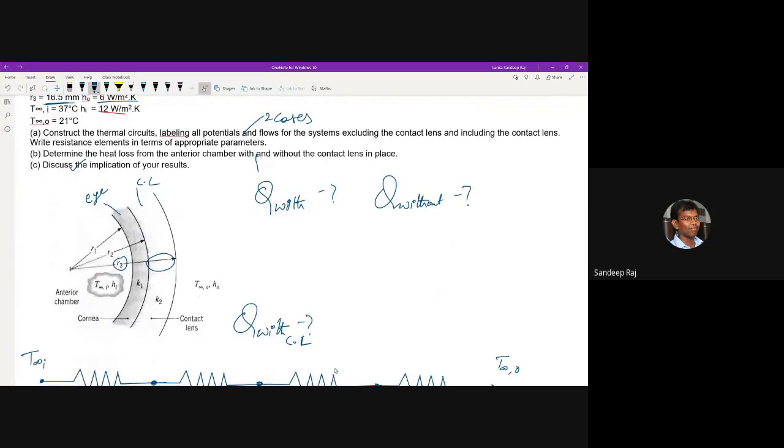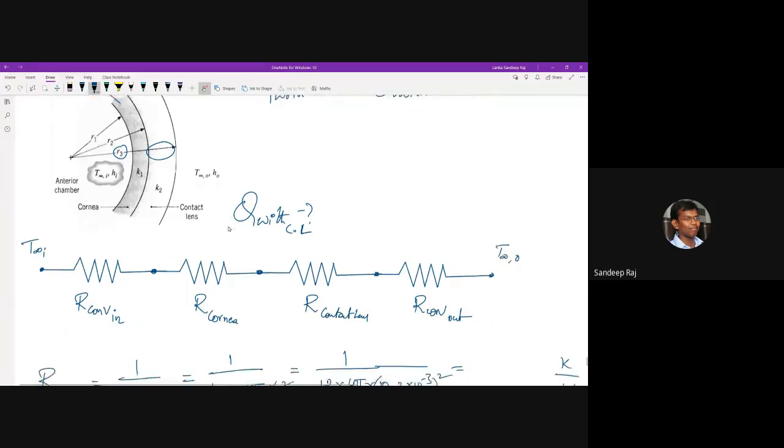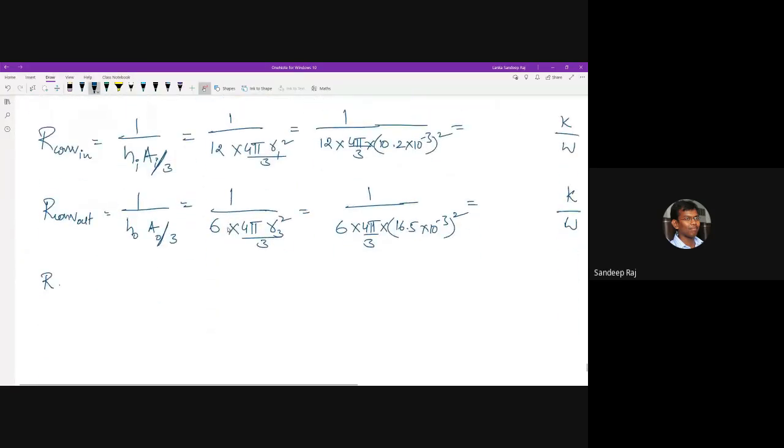Only the part of the eye that is exposed to the atmosphere we are considering here. The eye having the contact lens and exposed to the atmosphere is only one third of the whole sphere, so you cannot consider it to be the complete sphere. So it should be by 3 everywhere. Take care of it.